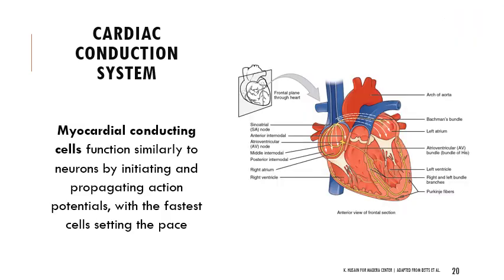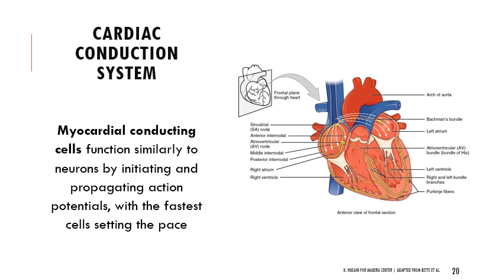So when we overlay that image that we just saw with the heart that we're familiar with, we can kind of see it in yellow here. So again, the myocardial conducting cells are kind of similar to neurons in that they're able to initiate and propagate action potentials. One important thing to keep in mind is that the fastest cells are going to set the pace. That will make sense in just a moment, but just think about maybe what you've heard about pacemakers as a medical device, kind of setting this consistent rhythm.